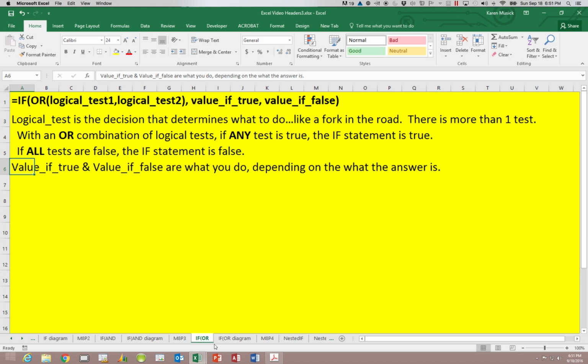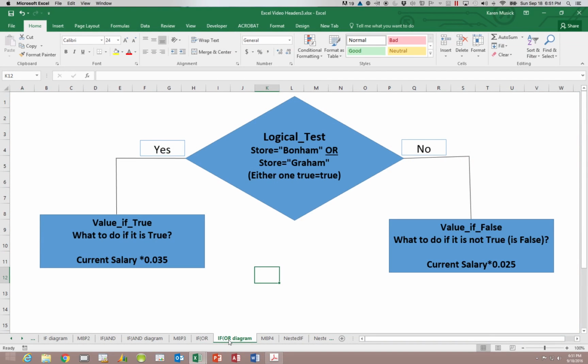Okay, so we're going to assume for this example, and they talk about this in the text, but they don't actually do it, we're going to be looking at the stores that the employees are working for.